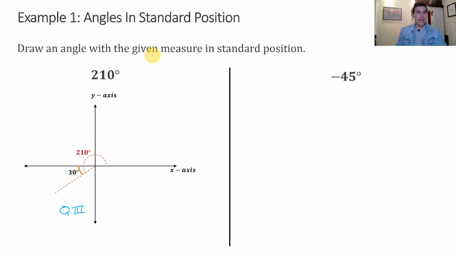However, it's just asking me to draw the angle in standard position, so I would go ahead and do that. But keep in mind what my angle is to the nearest horizontal axis, because that's often going to be very important in real-world applications. Now, I have 210 degrees. Again, that is 180 plus this 30 degrees.